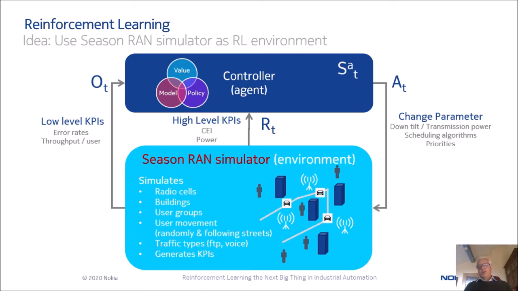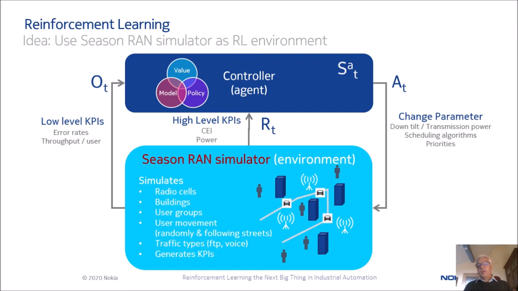Because this is a prototype, this is research work, and we didn't want to disturb a real running network. So we took a RAN simulator, which we have been developing in-house for a long time and also for other purposes. This simulator simulates a complex radio network consisting of a number of radio cells.